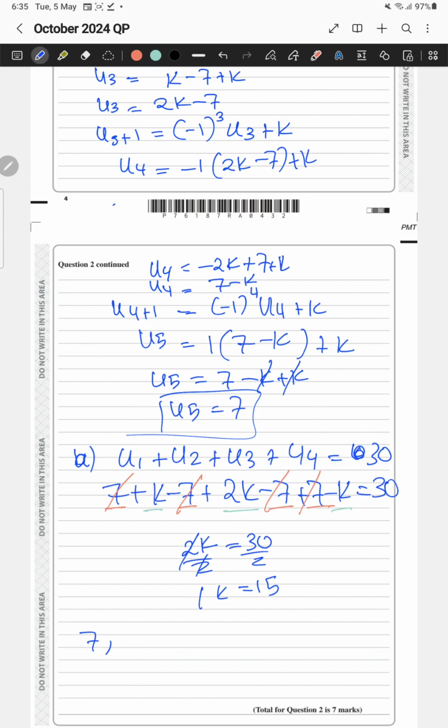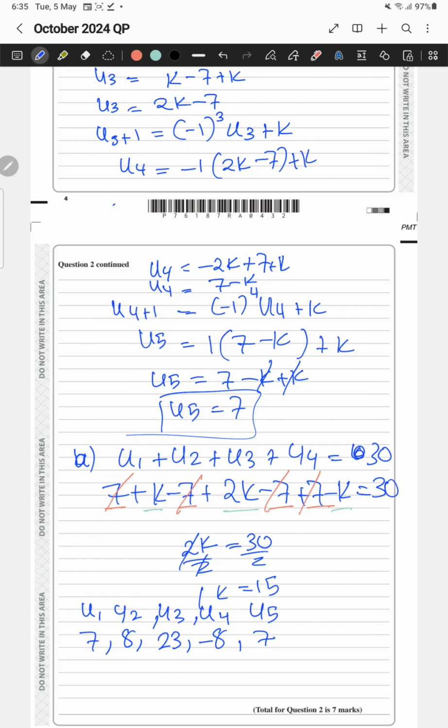This is 7, then 15 minus 7 is 8, and I'm doing this for u1, u2, u3, u4 till u5. For u3 we have 2 times k, which is 15, minus 7, which is 23. u4 is 7 minus 15, which is minus 8. And u5 is just going to be 7.